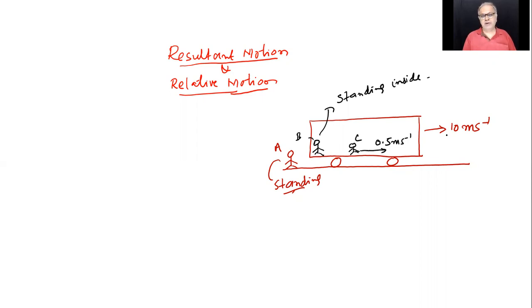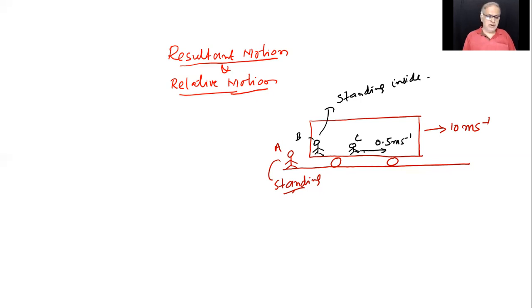I have not yet used the word reference frame. I might say like this: C is moving with 0.5 meters per second is the feeling of person B, but actually C is moving with 10.5. That looks all right to begin with, but it is not a good idea.